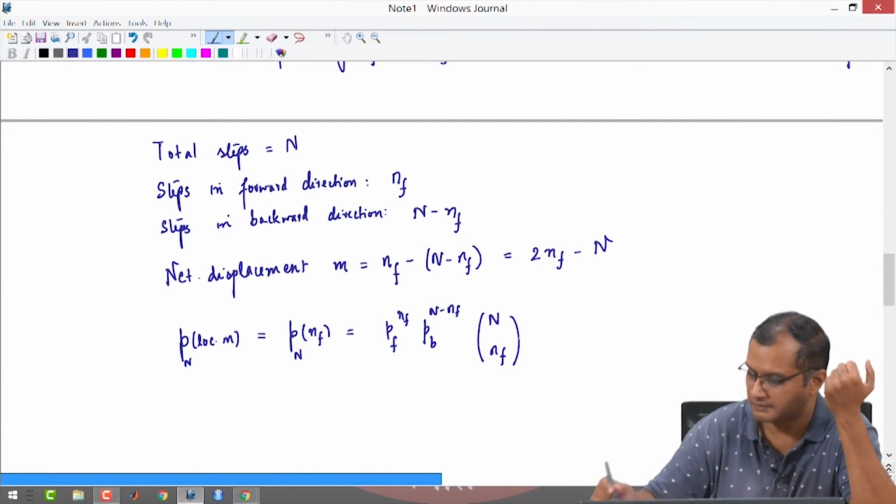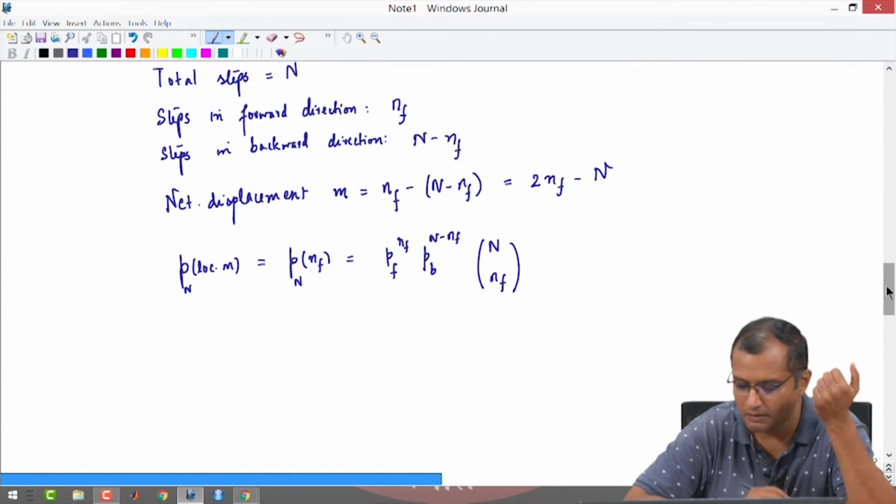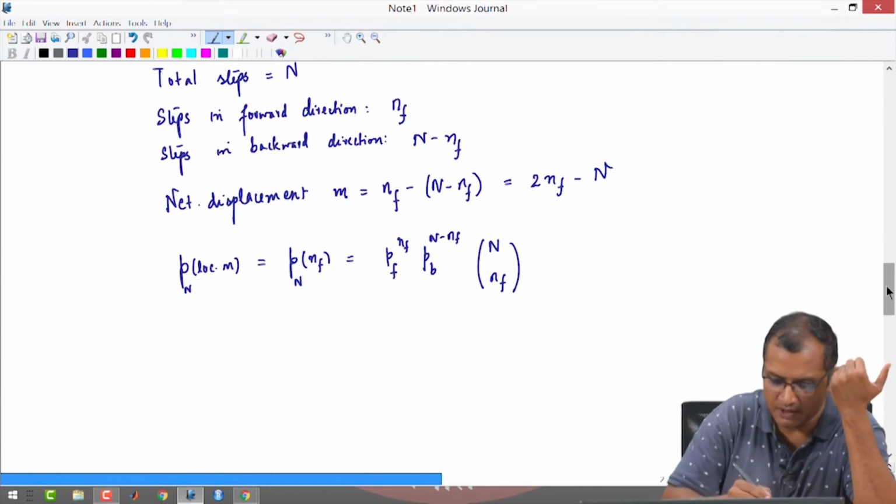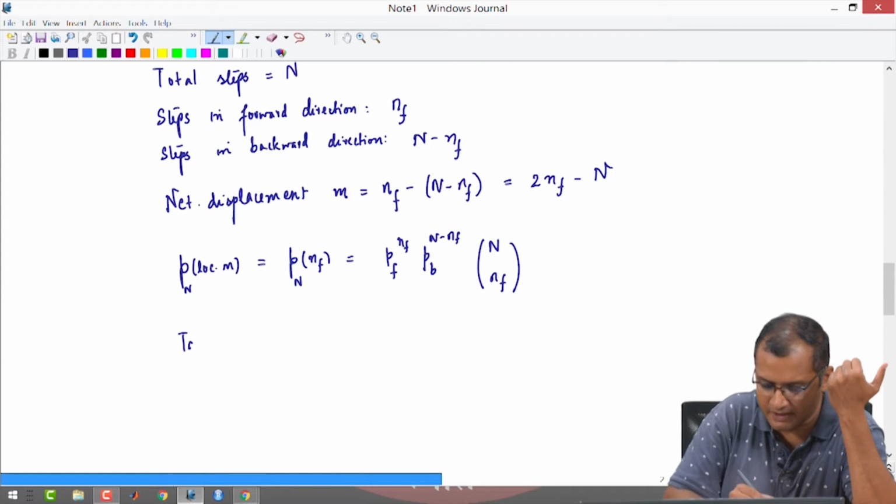That is the probability of finding the walker at location m with NF forward steps. That is the answer to your first question.